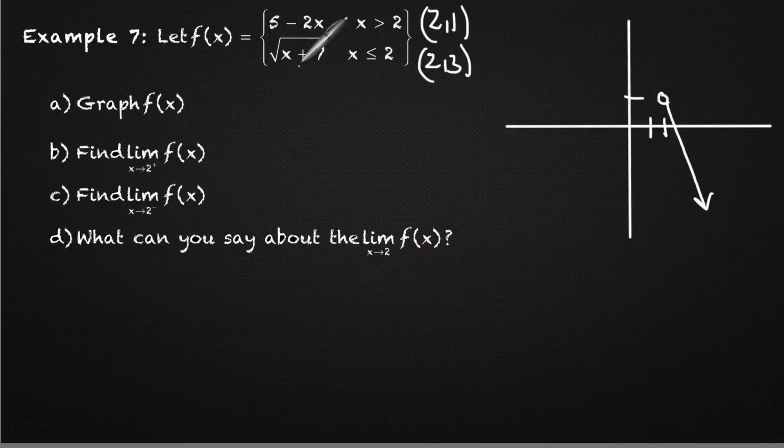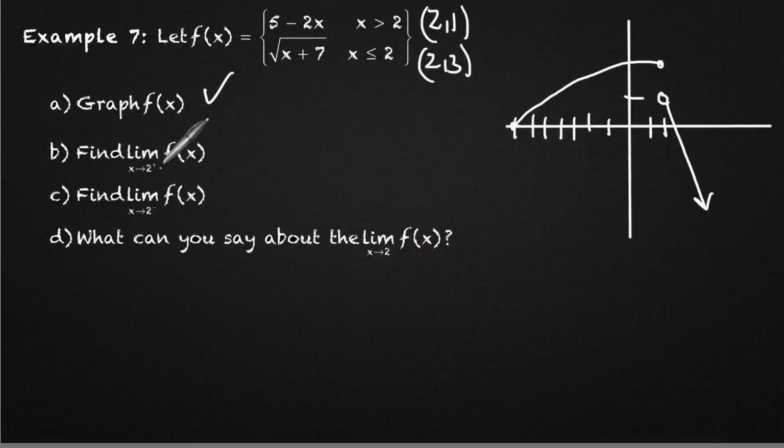Now we have the square root function, and this is going to be shifted left 7. We learned that from pre-cal. So 1, 2, 3, 4, 5, 6, 7. And it's only going to be valid up to the point 2, 3. So it's going to be a square root function. There it is. So now, there's your graph, check mark.